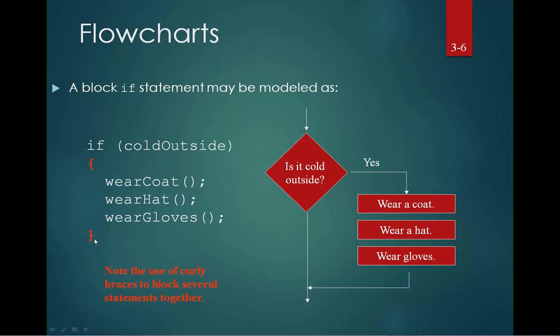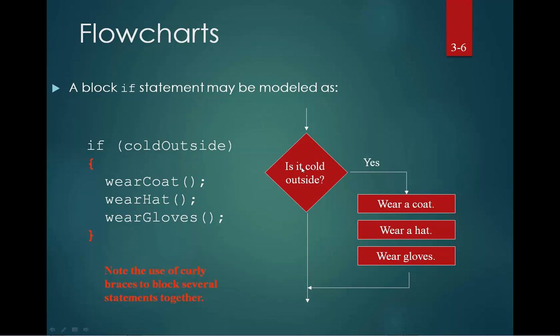It will skip over the entire block of code if the condition is false. And here we see that happening in this flowchart. Is it cold outside? Yes. Then we will go one by one through each of these statements and do all of these commands. All of these statements will be executed, and then we eventually meet up and go on.